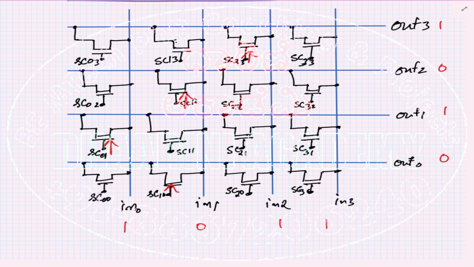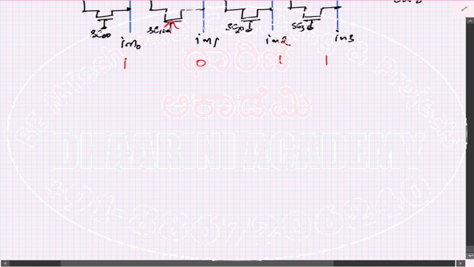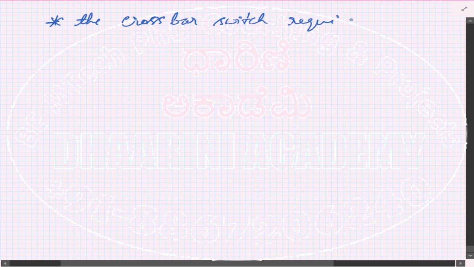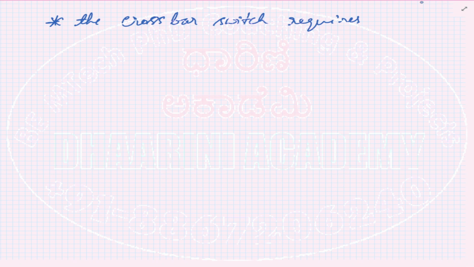Now we'll write something related to the crossbar switch itself. The switch requires how many control signals?